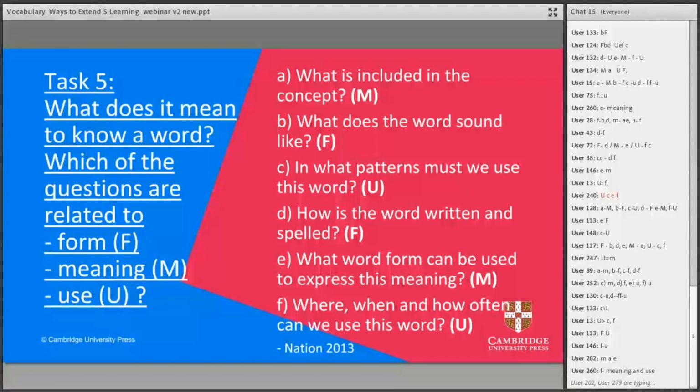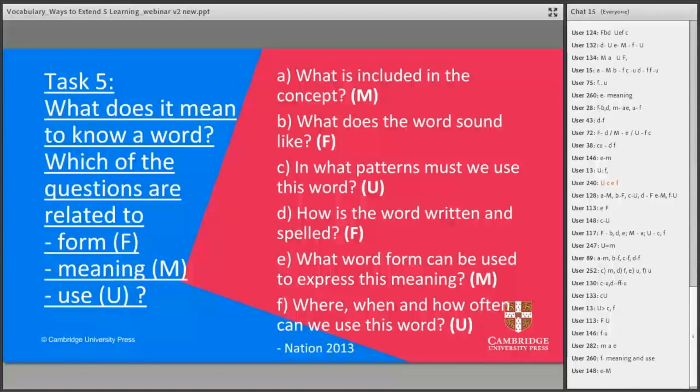Just while we're pausing while you read that, these questions I got from Paul Nation's book, Learning Vocabulary in Another Language, which is a very big book, but it is a fantastic resource if you're interested in vocabulary learning. This is kind of like the Bible.